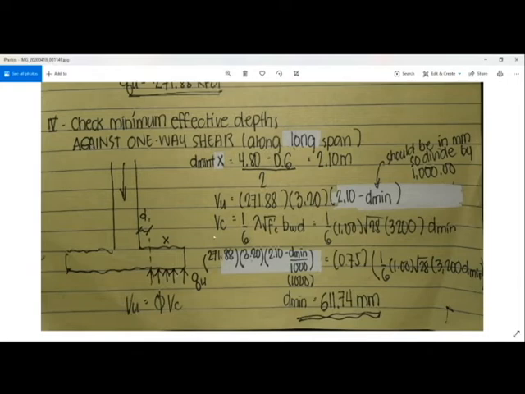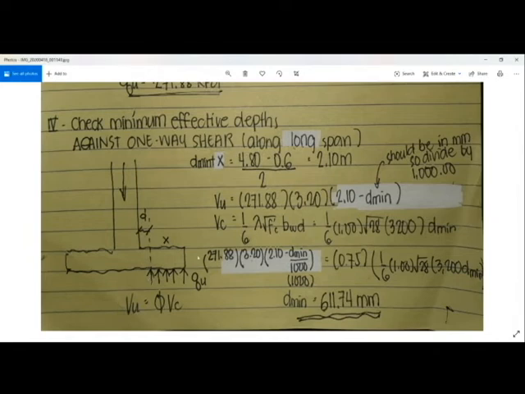They both have the same concept, but the dimensions differ. Along the longer span, let's assume this is our 4.8 meters, and our critical section is this one. It acts like a beam.